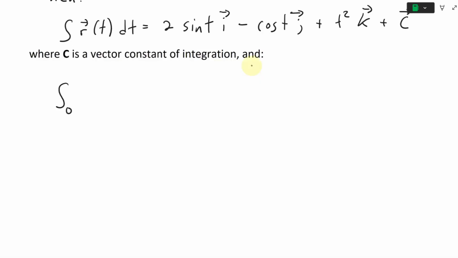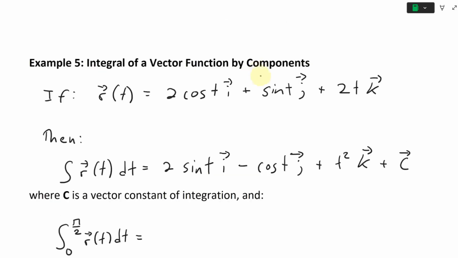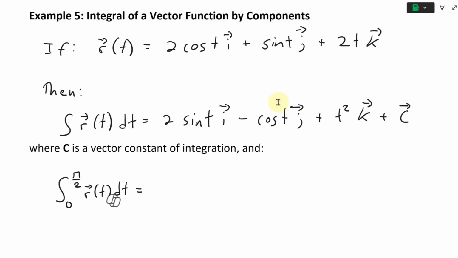So the integral from 0 to pi over 2 of r of t dt, well, this just equals, let's write this better, r like that. This equals, well, now we just evaluate this whole thing.